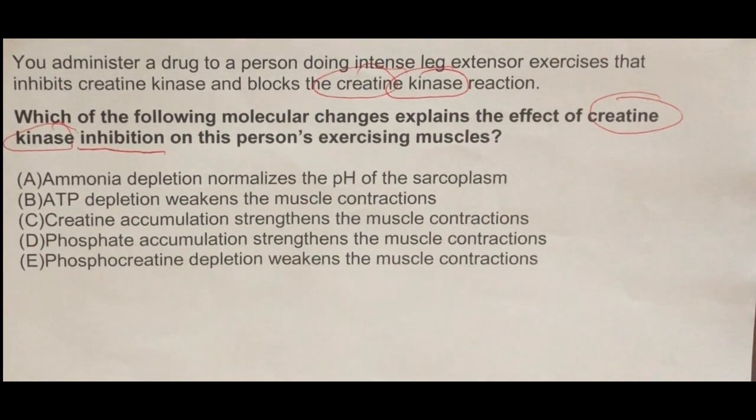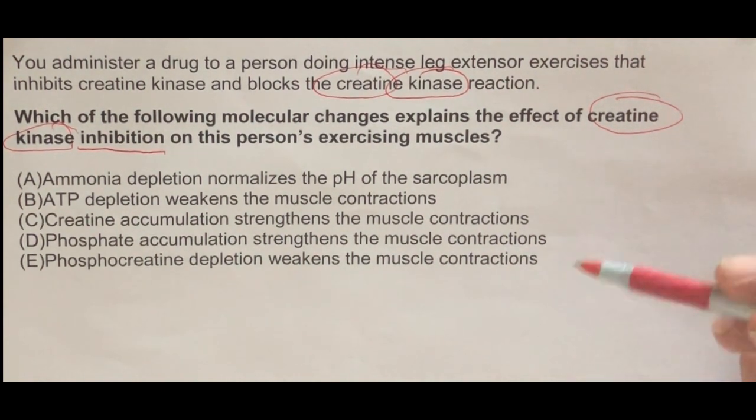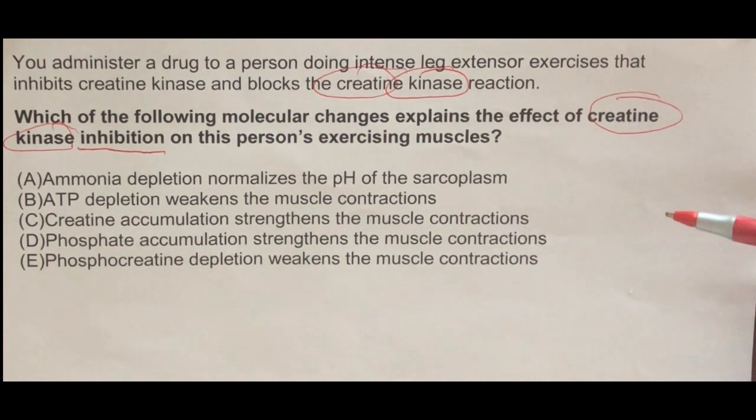To understand this, we have to know that if we block creatine kinase, it's going to affect something here, A, B, C, D, or E, that's going to affect the contractions. So creatine is what?